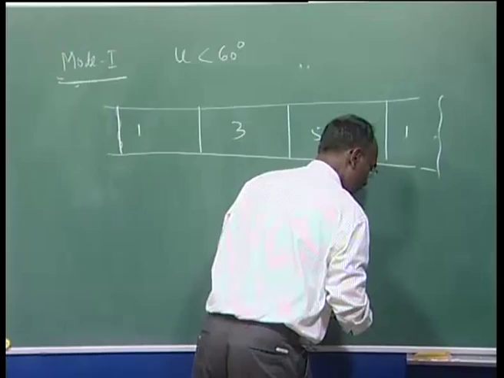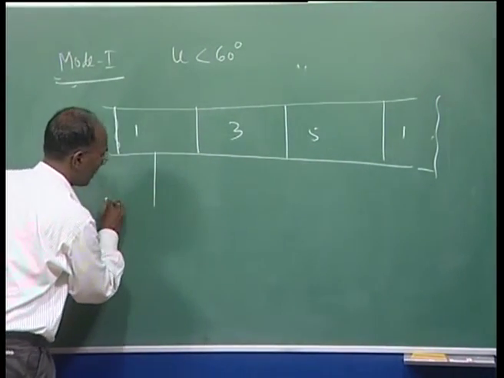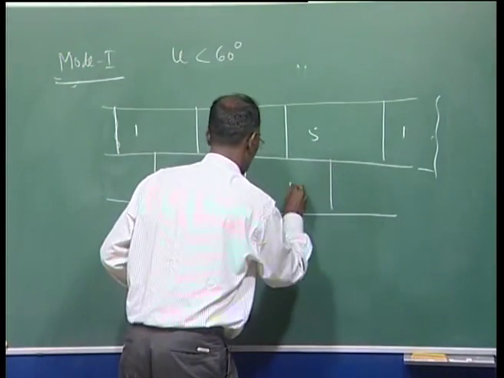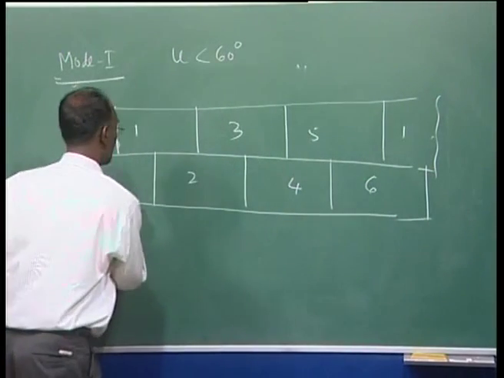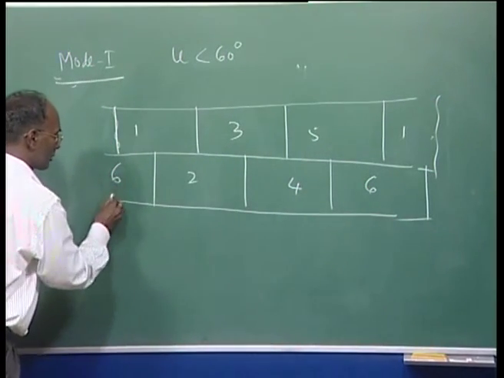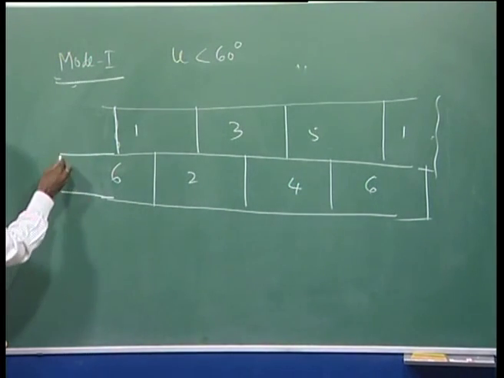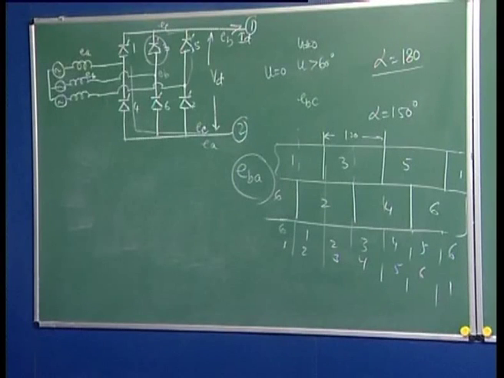In the lower row I can draw another line: this is 2, here 4, here 6, and again 6. Here the ideal case with 2 valves conducting I have already drawn.